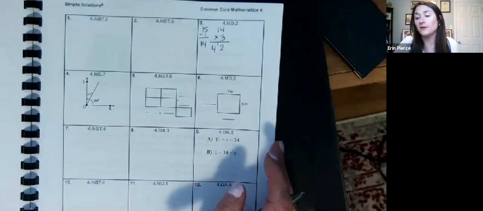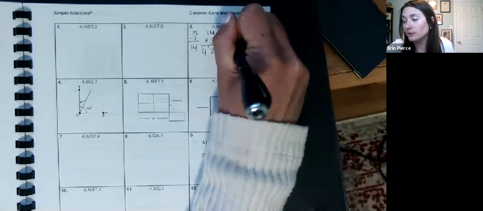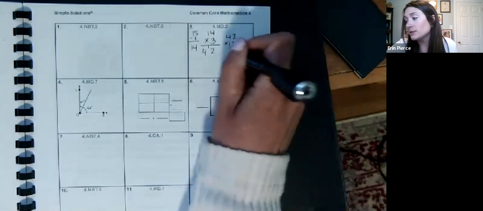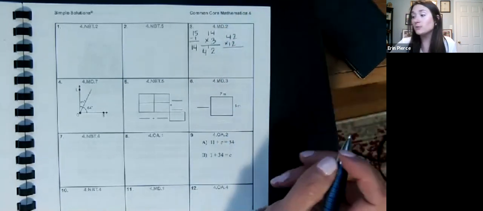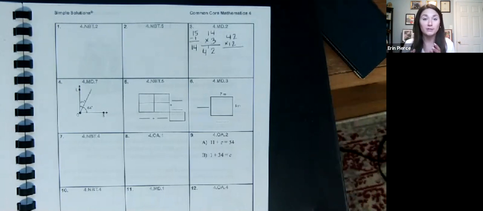And now we need to figure out how many inches are in 42 feet. So we're actually going to be doing 42 times 12. Well, we don't know how to do that yet. So what I'm going to say is we're going to do 42 times 10 and 42 times 2 and add the 2 answers together. Okay?